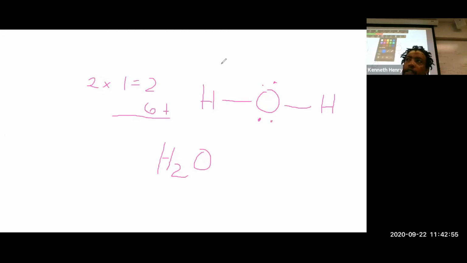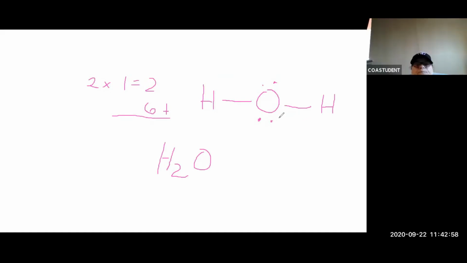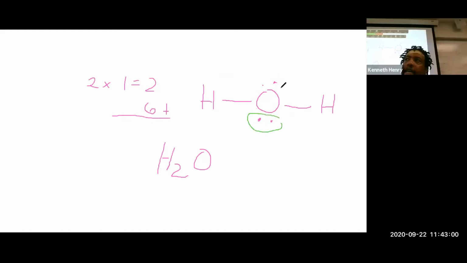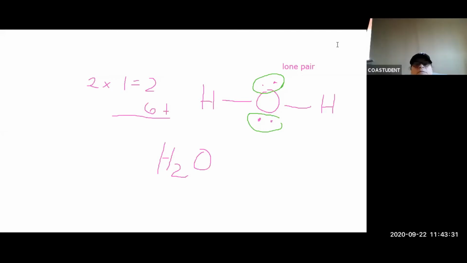And you see those 2 dots at the top and the bottom? These are called lone pairs. Lone pairs are the electrons that aren't involved in bonding. They're called lone pairs because they're paired up, but they're not involved in the bonding, whereas these electrons are the ones involved in bonding. Piece of cake? Keep going.